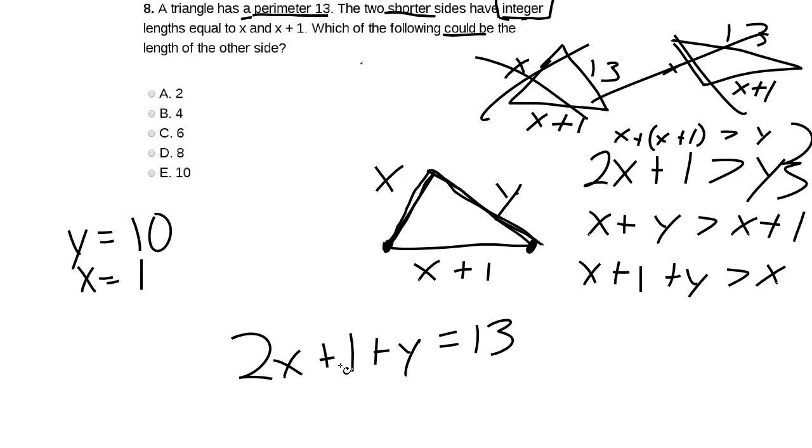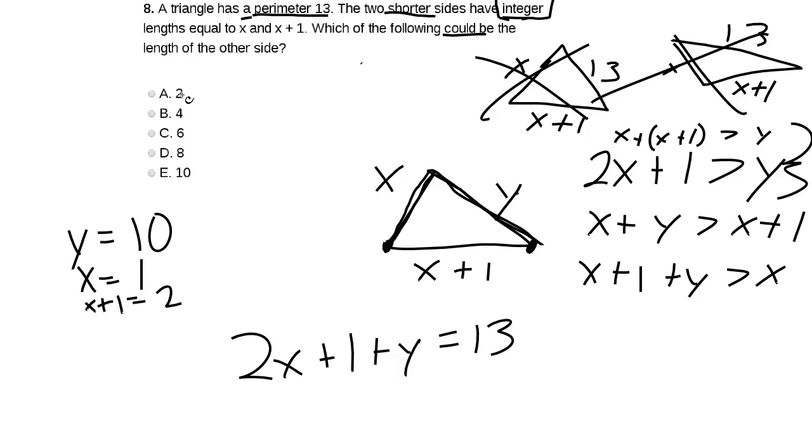Without writing out the algebraic manipulations, I can just see if y is 10, 10 plus 1, 11, I'm going to need 2 more, so I'm going to set x equals to 1. And having a triangle with sides 1, 2, and 10, that's not going to satisfy the triangle inequality. I can't have 1 plus 2 is larger than 10.